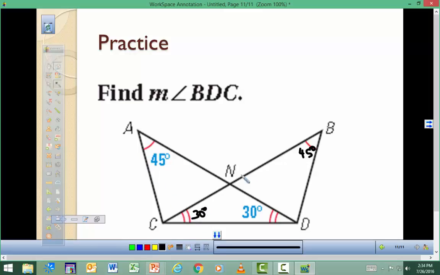Now where is BDC? BDC is this angle right here. Okay, there's BDC. So we're trying to figure out what that angle is. Well, this gets complicated because there's multiple triangles in here.